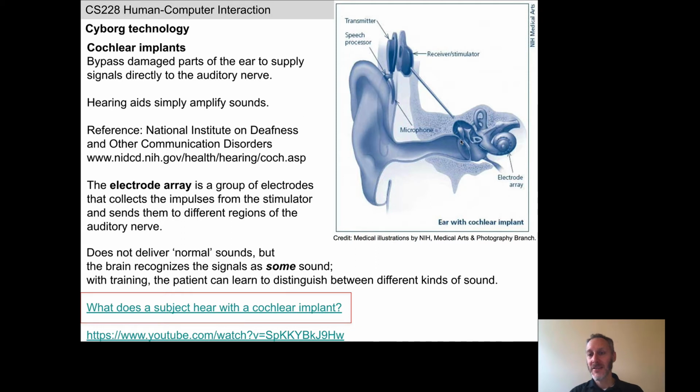You'll notice that there is no volume button on the cochlear implant. The cochlear implant supplies an electrical impulse that has to be interpreted by the brain in some way. Imagine wearing this device where it's basically set to maximum volume all the time. He said it was an extremely traumatic and upsetting event.